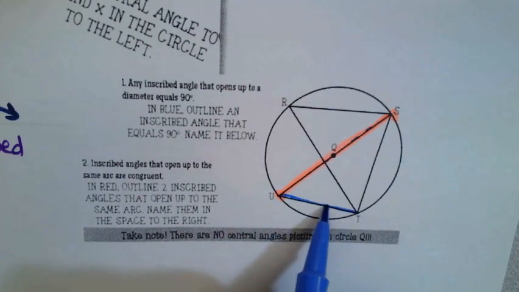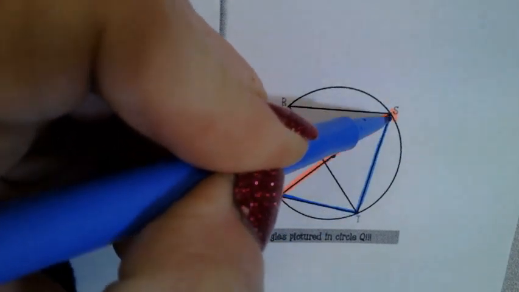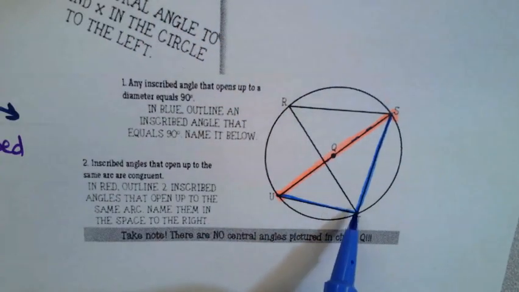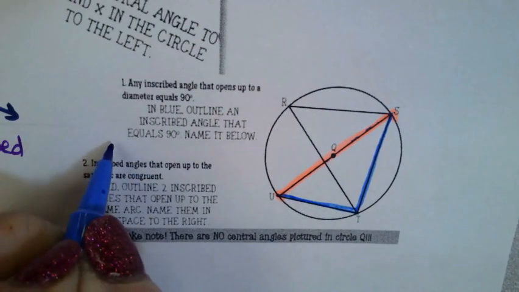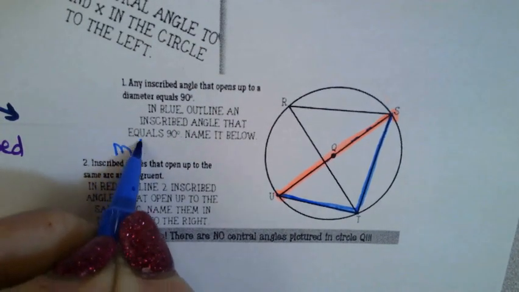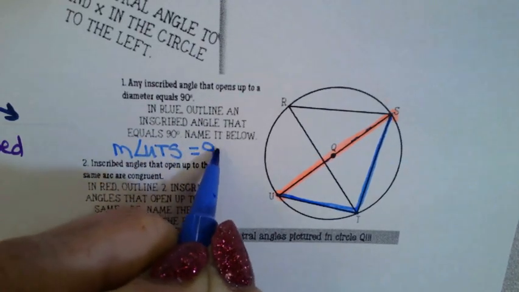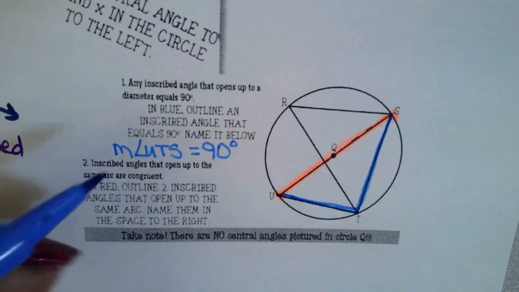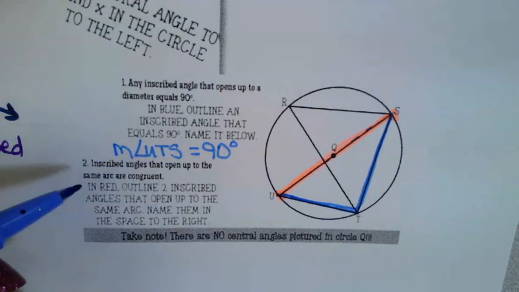So here, UTS is a right angle. So we will say measure of angle UTS equals 90 degrees. You could have called that angle STU just as easily. That would have been fine.